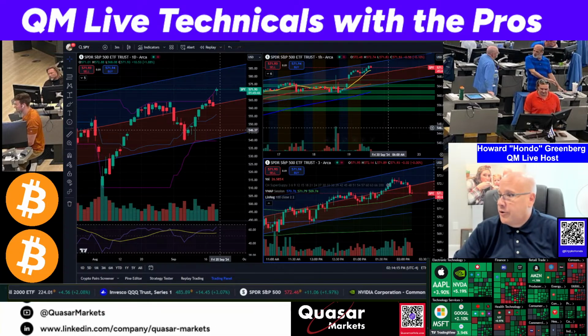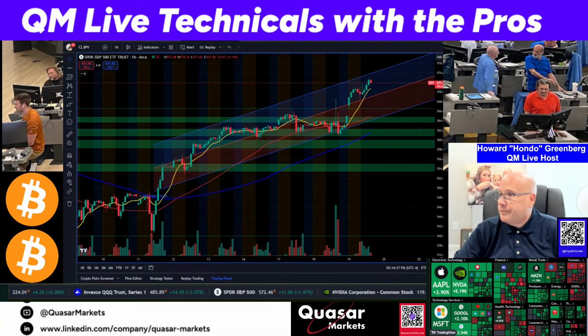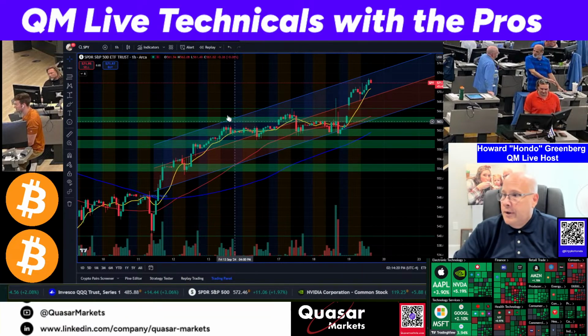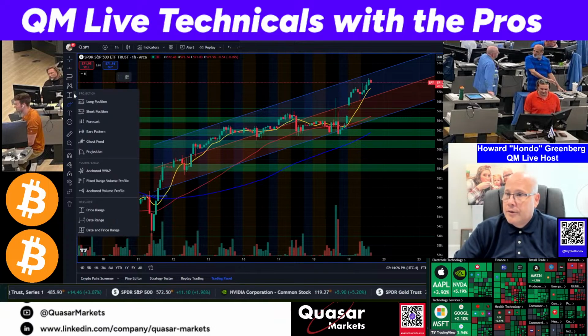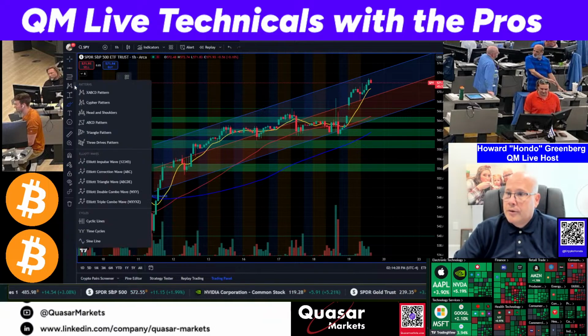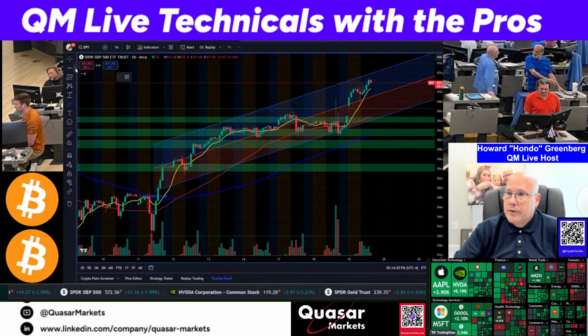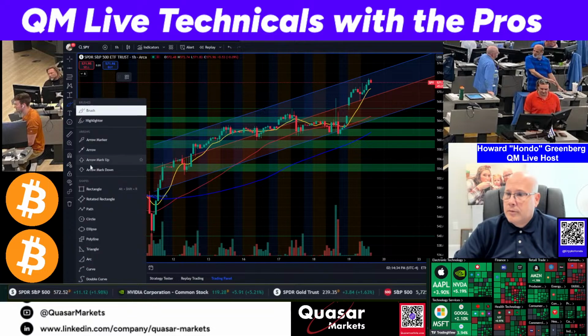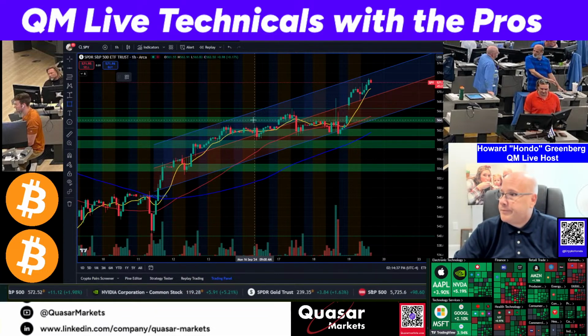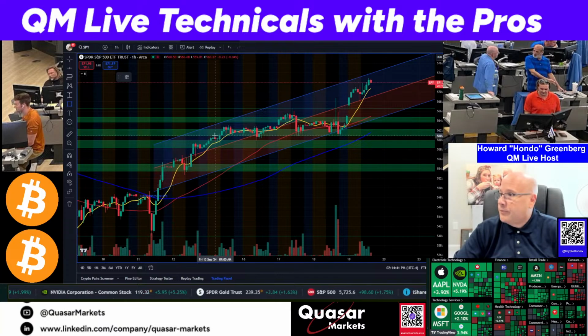On the hourly chart, SPY had been in a level of consolidation. If I get to the right spot, there we go.